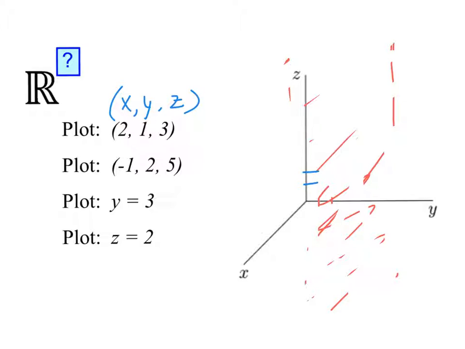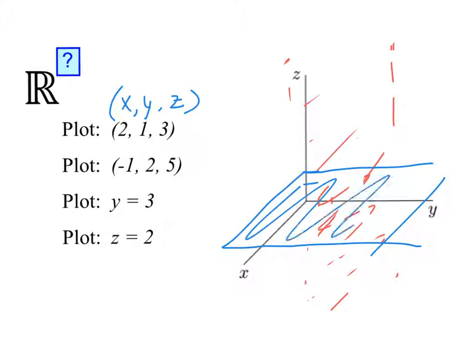And it will be a plane that is kind of like that. Okay. And again, it will continue off forever and ever in those directions. It will be a horizontal plane. So again, it will be just parallel to this kind of XY plane down here, 2 units up.